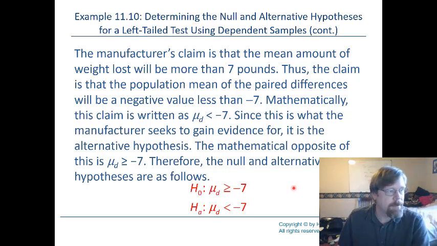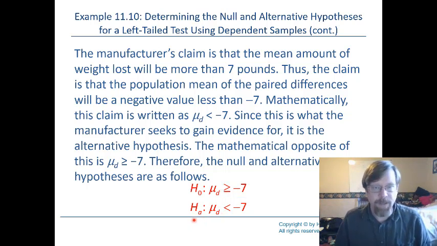And we can write those like so. There's our null hypothesis, H sub 0, is that the population mean of the differences, mu sub d, so that d tells us we're looking at the differences, is greater than or equal to -7 pounds. The research hypothesis, what we want to show is that it is less than -7 pounds.